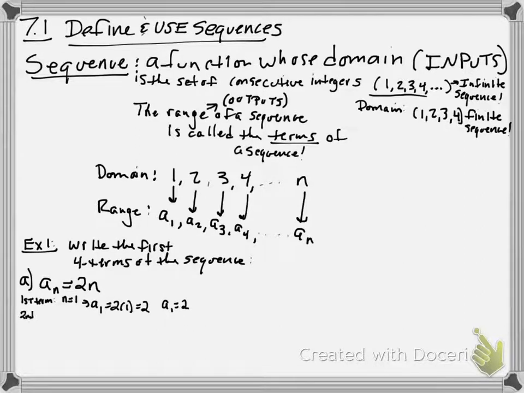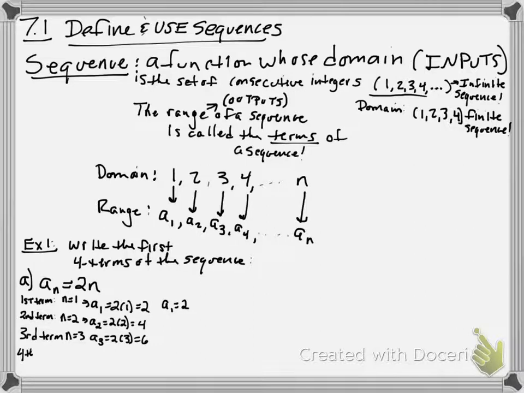The second term, we would let n be equal to 2. So, to find that, that would be a sub 2. That would be 2 times the input of 2, and we would get out 4. The third term would be n equals 3. That would be a sub 3 equals 2 times 3, or the term 6.